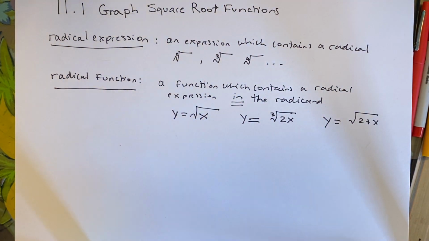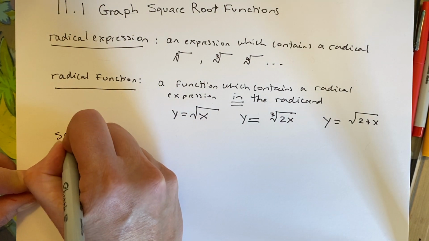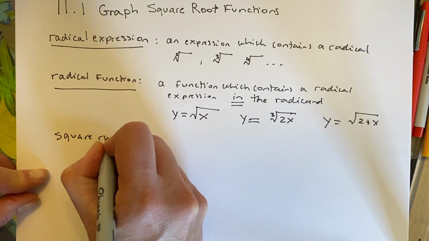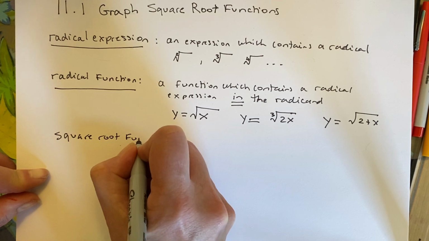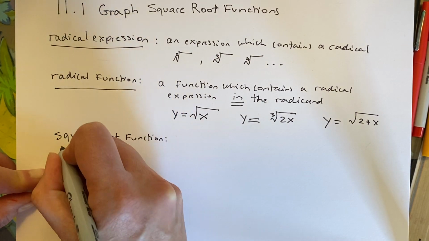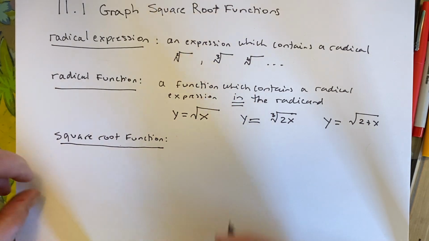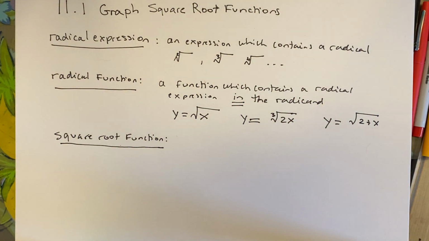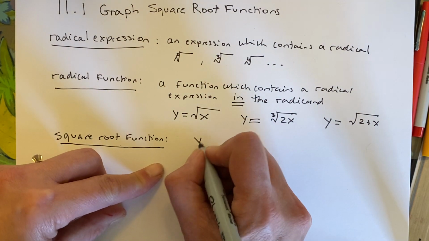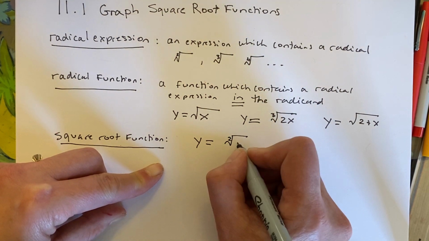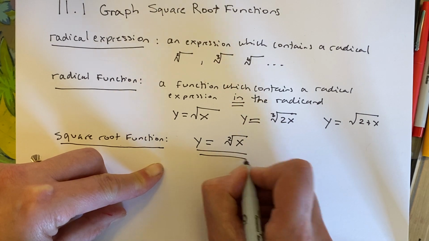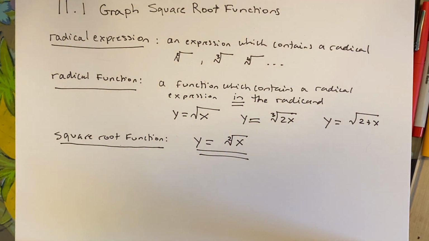When we talk specifically about a square root function, it's essentially when you're talking about a square root, in other words, where there's a little 2. So this is a square root function, okay? Because you will at some point look at cubed roots, which have different graphs than square root.